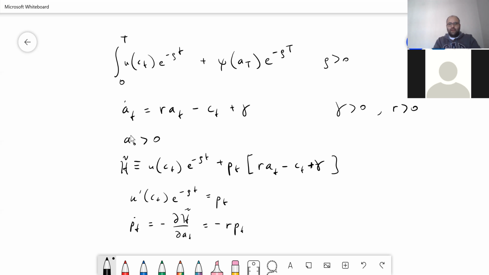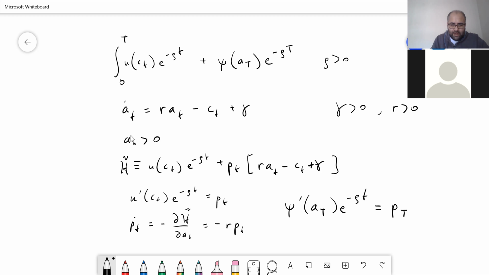Okay. Now for the transversality, here we have something different, right? Because we are directly choosing how much to give our kids. So we have the marginal utility from bequest in present value terms, and this must be equal to the marginal cost. What is the marginal cost?